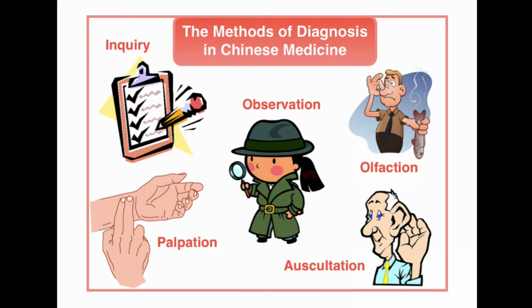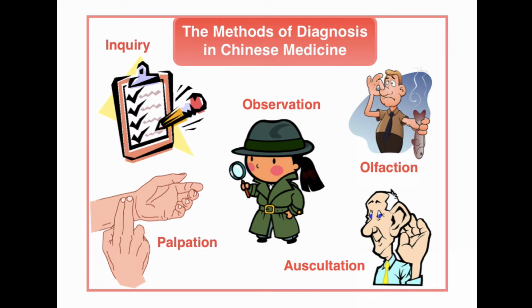The second one that we use a lot as well is observation, right? Looking at the patient. And so we, of course, look at the tongue to use that as a tool of diagnosis. We look at the tongue color, the shape, the moisture, and the coating. We also look at skin, right? The skin issue, the skin color.